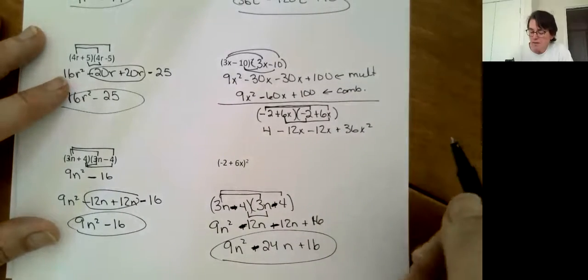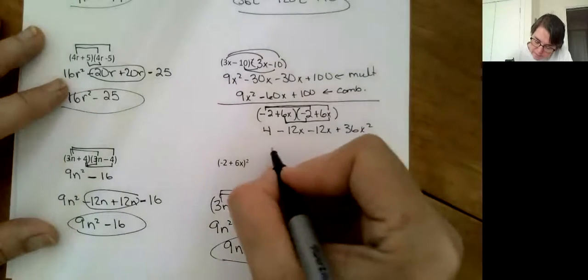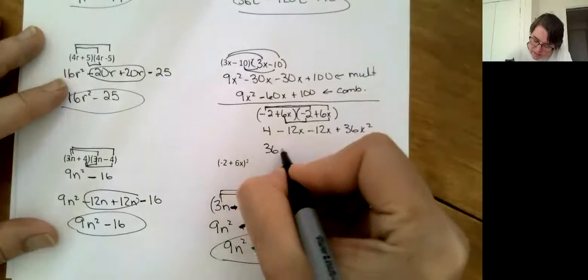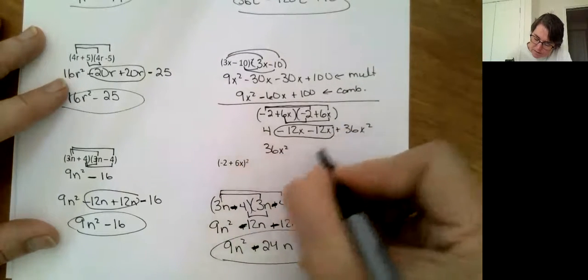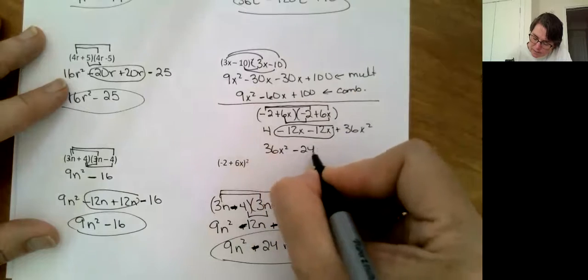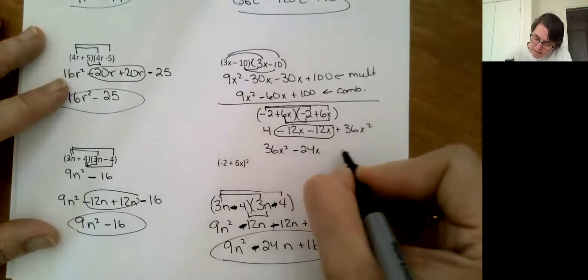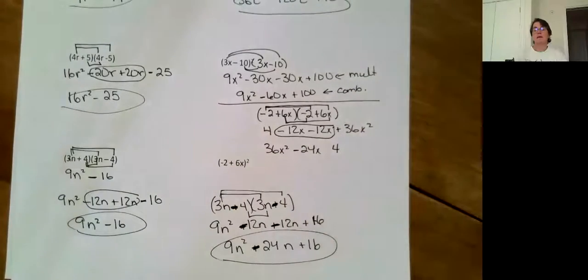Now I'm going to do 2 things at once. I'm going to rearrange it into descending order, so 36x squared, and I'm going to put these 2 together, minus 24x. And then I'm going to put the 4. Now, if you do that, I'm going to deduct you some marks. What's wrong?